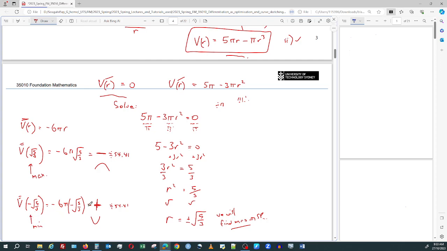So the one that we want to choose for the sake of answering the question, in order to maximize the volume, we could minimize the volume.